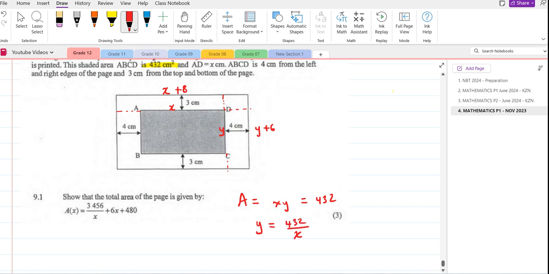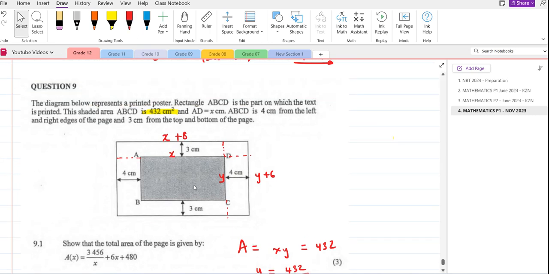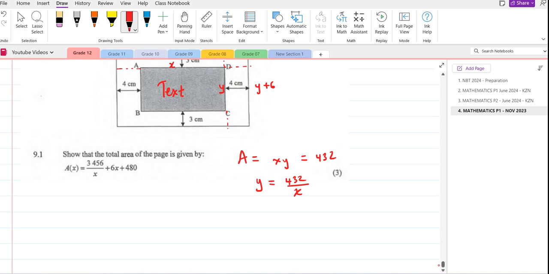Now the rectangle ABCD is the part on which the text is printed, and this is the entire page. So this is the area of the text and this is the area of the page.